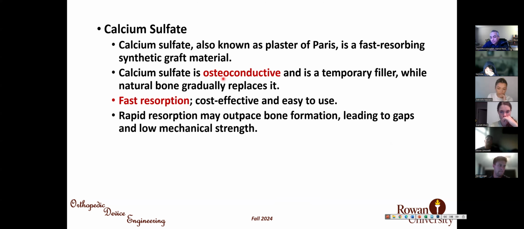And it can be used as a bone substitute, as a synthetic graft, and it is resorbed very fast, and it is osteoconductive, and it is very cheap. So if we need a fast absorbing material as bone graft, calcium sulfate is the best.